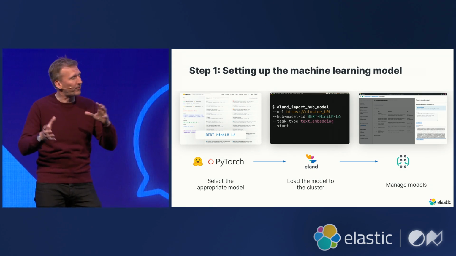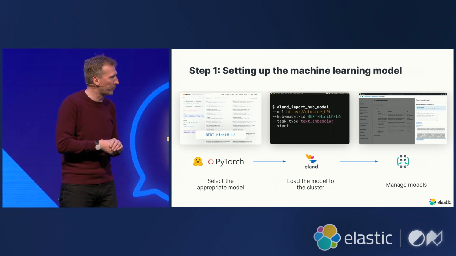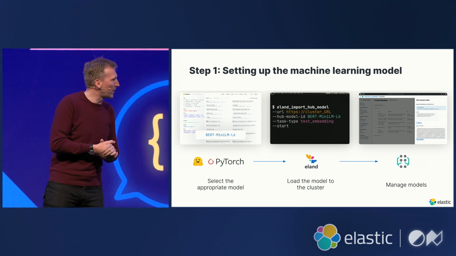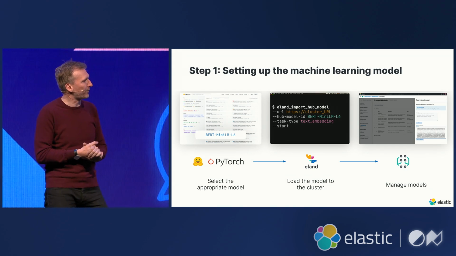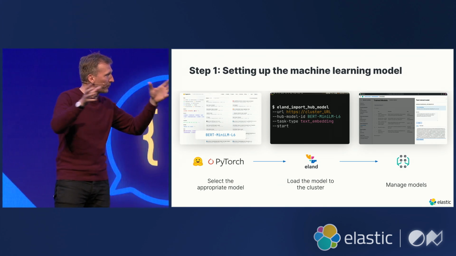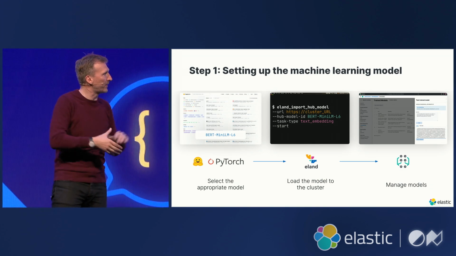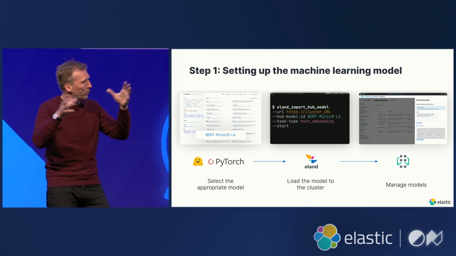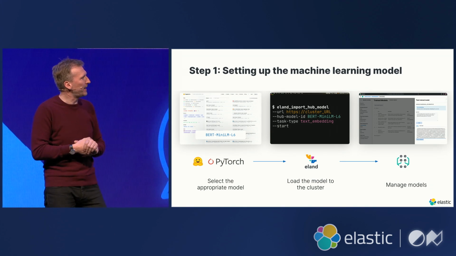If you've got TensorFlow models, they're often transferable to PyTorch as well. So we can simply load these models into an Elasticsearch cluster, and there we can manage it. We can also auto-scale it and distribute it in the cloud and so on to make managing these models easy for you.